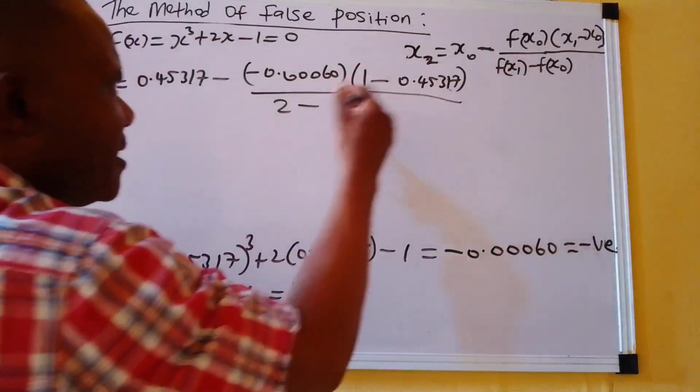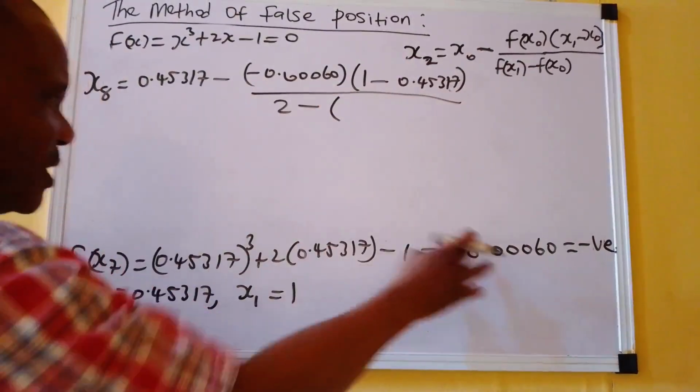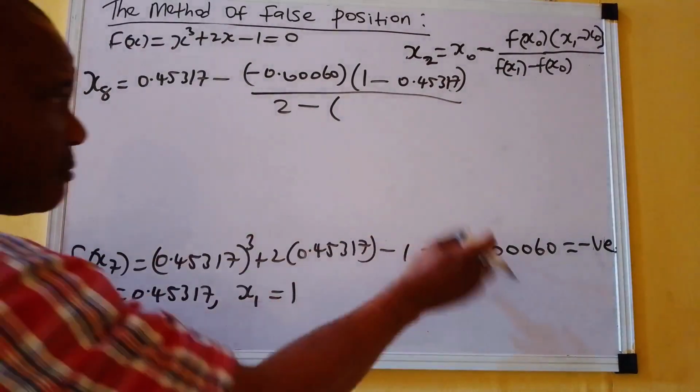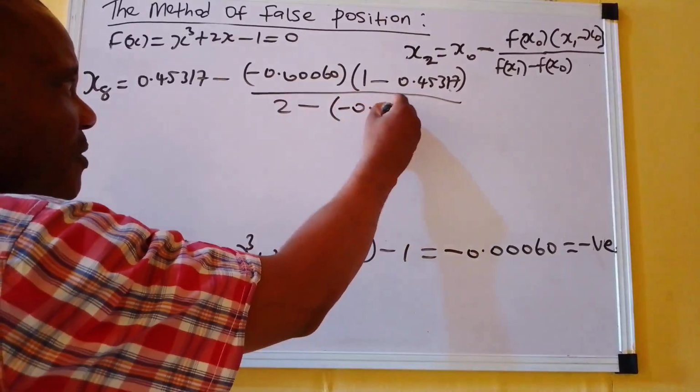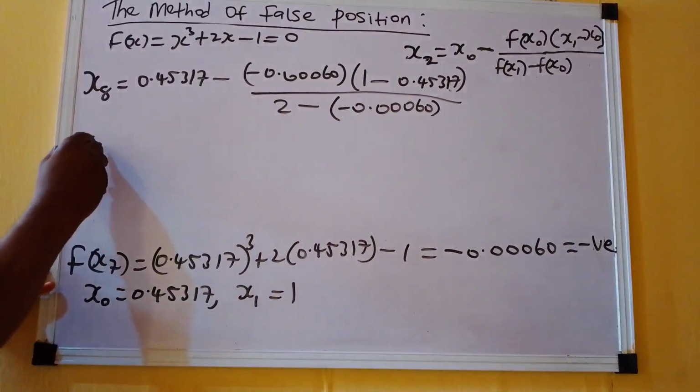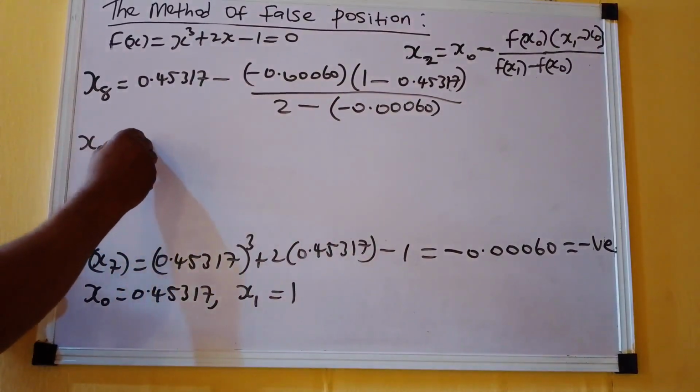There's a minus sign there. Then f of x0, which is f of 0.45317, will now be minus 0.00060.